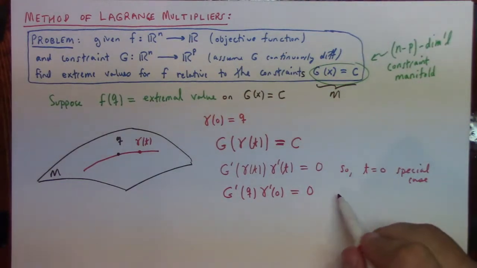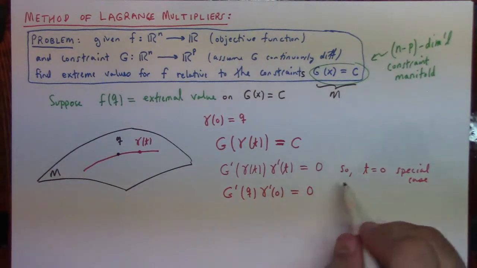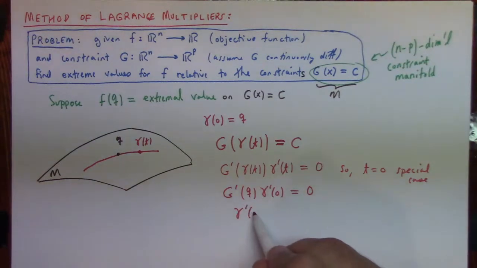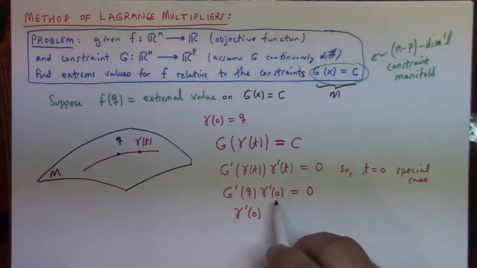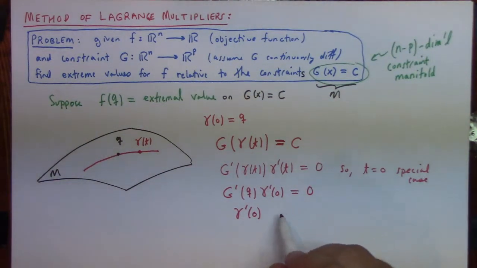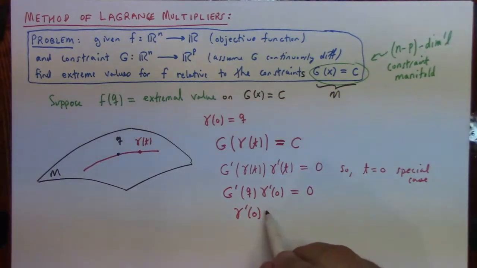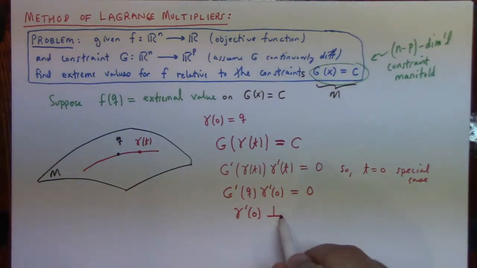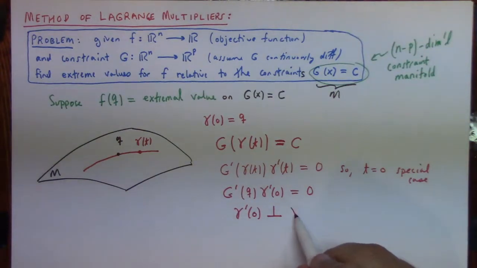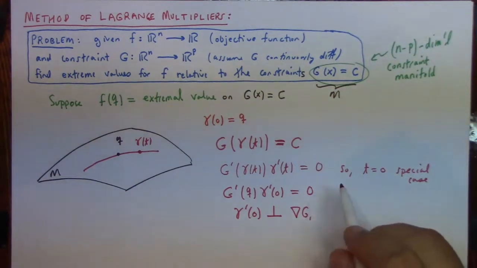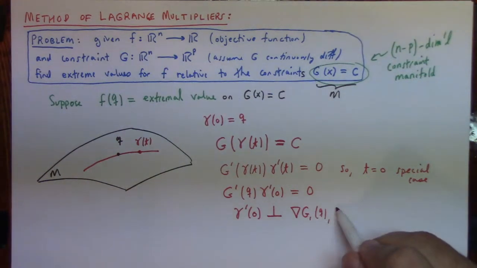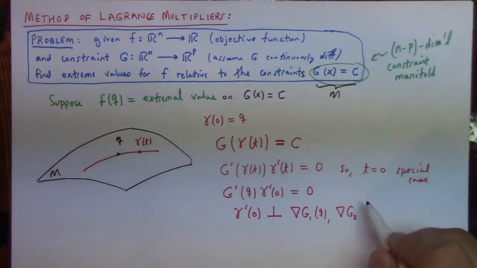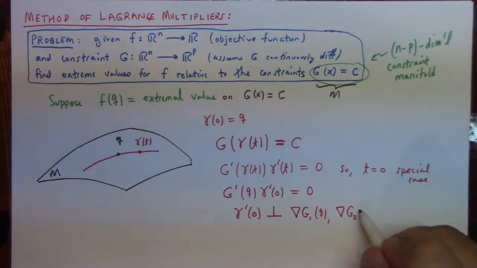So in other words, what's this mean? That means gamma prime of 0 is perpendicular to the gradient of the first component function of g at q, the second component function's gradient at q.